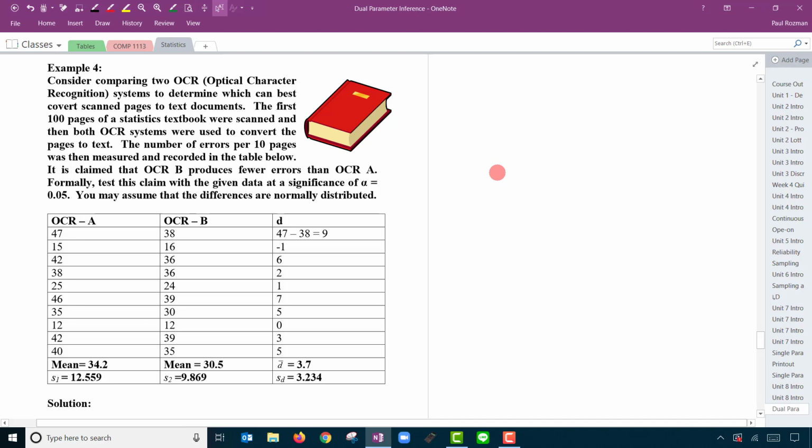So we scan the first 100 pages in, and we have photos of those. And then we feed those photos into system A and system B, and we're trying to compare them. So we'll check to see how many errors each one makes when converting from the image to text.